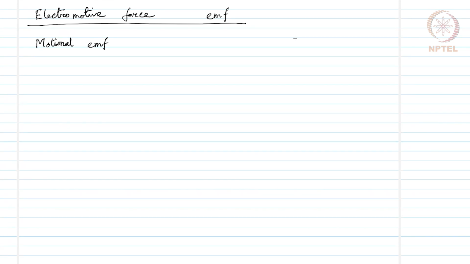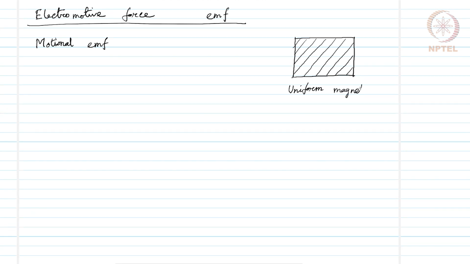Let us consider we have this region with a uniform magnetic field. And we have a current carrying wire like this.